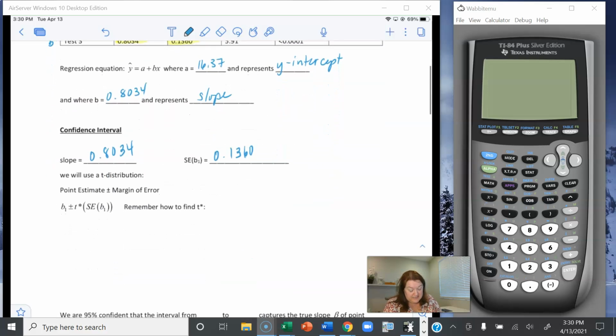This is going to be a t distribution, and it still follows the same idea: a point estimate, then plus or minus, then a margin of error. With a t distribution, we start out with our slope, plus or minus our t star times the standard error of the slope.